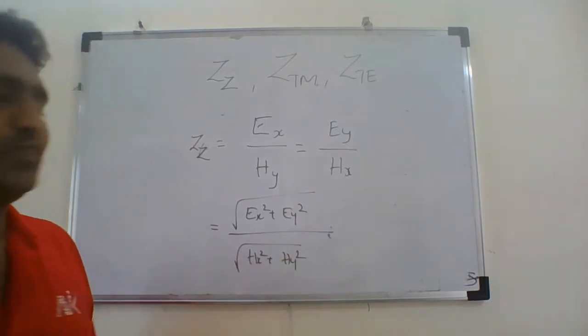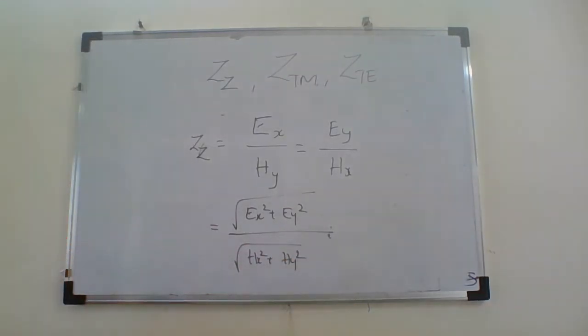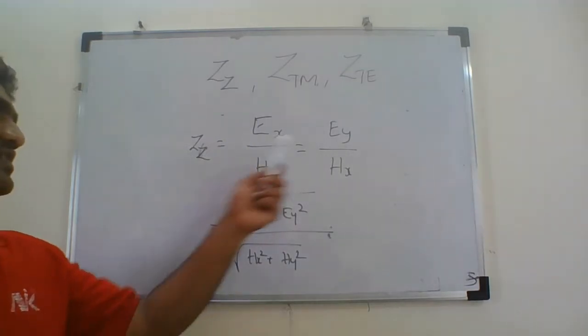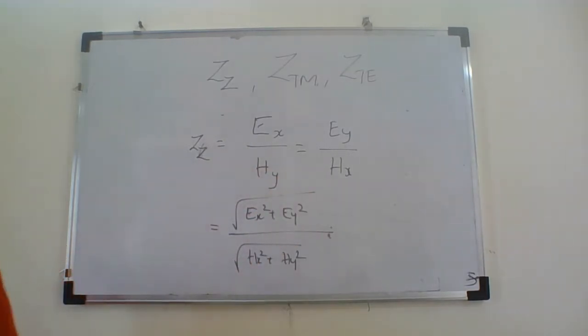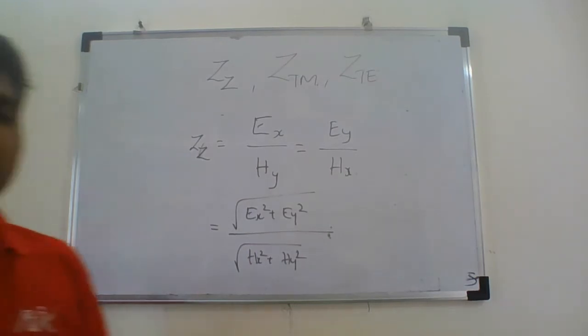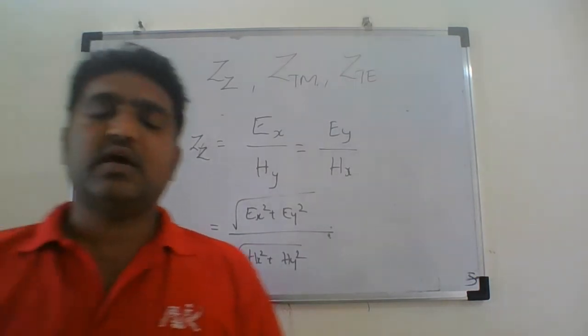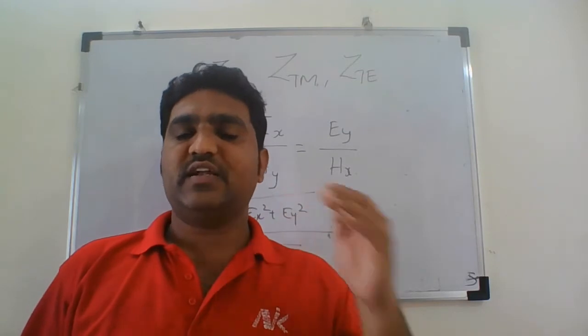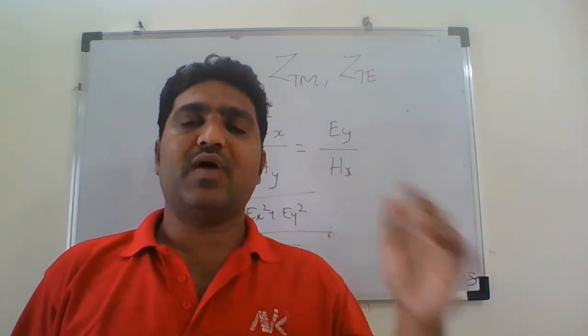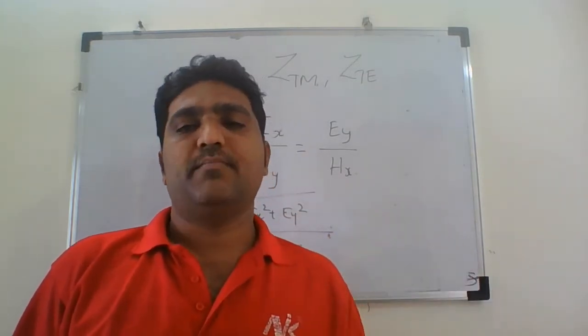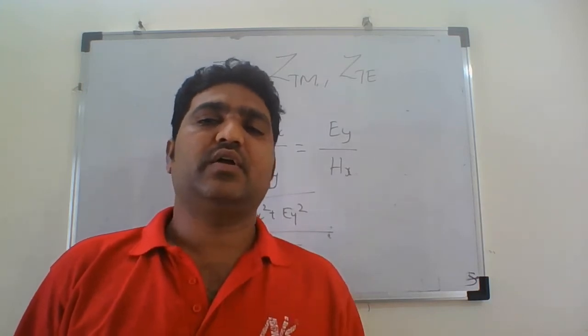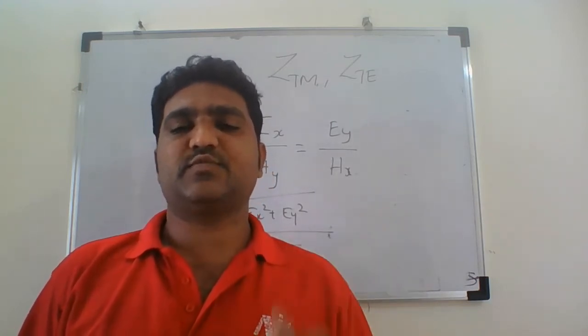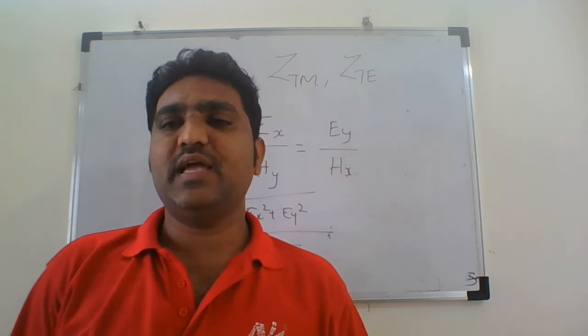So the wave impedance refers to the ratio of electric field strength in one transverse direction to the magnetic field strength in the other transverse direction, that is Ex by Hy or Ey by Hx.